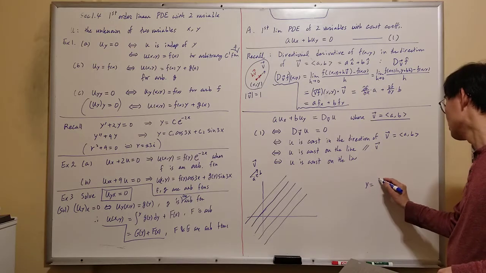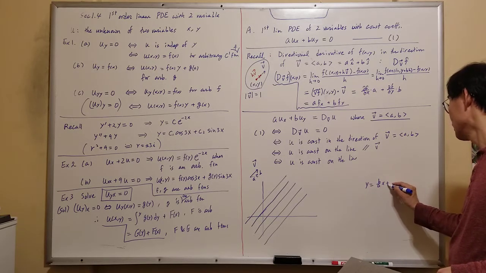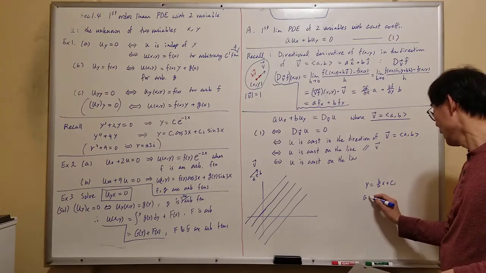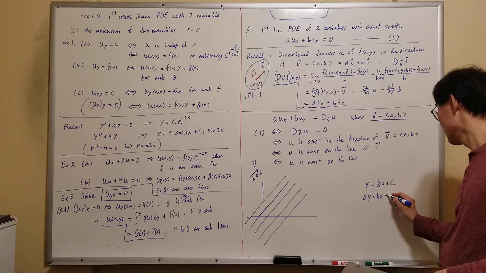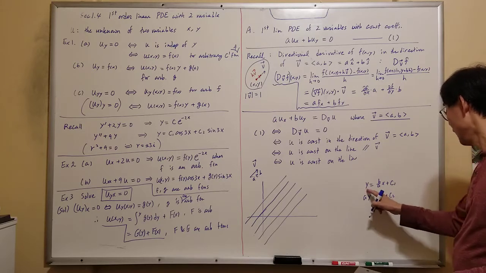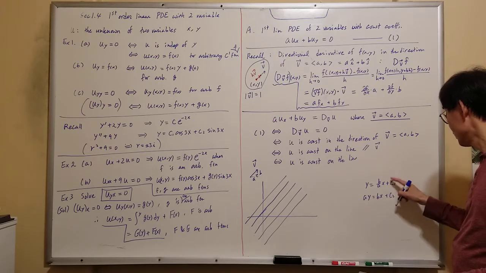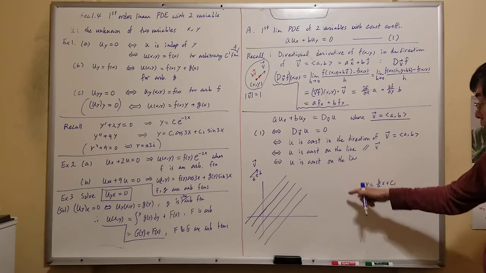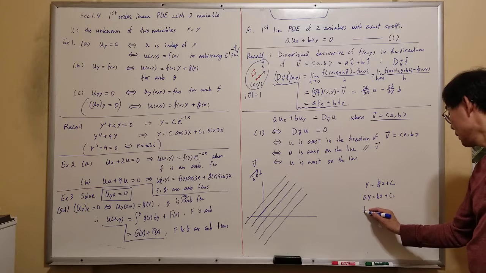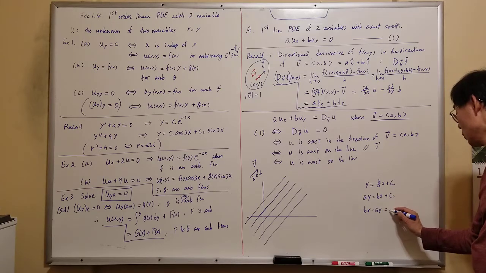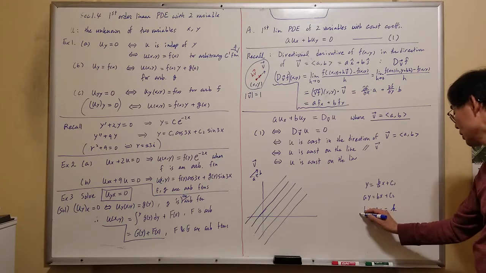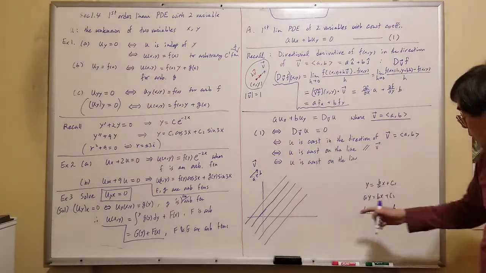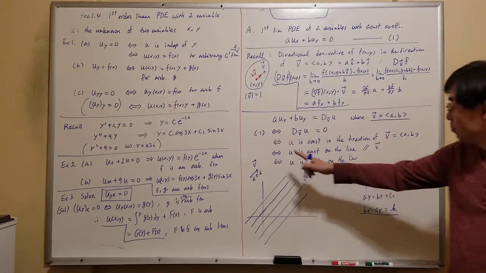So y equals b over a x plus some constant. I can rewrite it as bx minus ay equals some constant, an arbitrary constant. A different k value gives a different y-intercept, but all of them have the same slope, b over a.